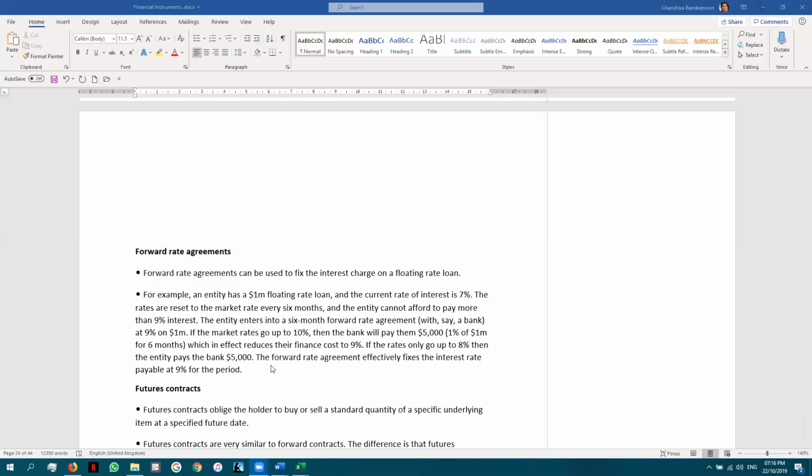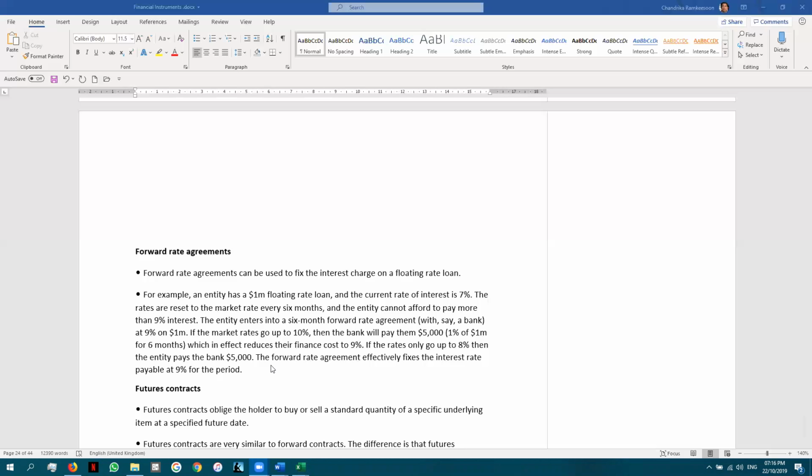So if interest rates in general go up, the interest rate applied to this floating rate loan may also go up. And as I said, it may be every 6 months, not every day, or it may be annually. Now, in that case, the borrower wants to protect himself against increases in interest rates, and one way to do that is to use a forward rate agreement.